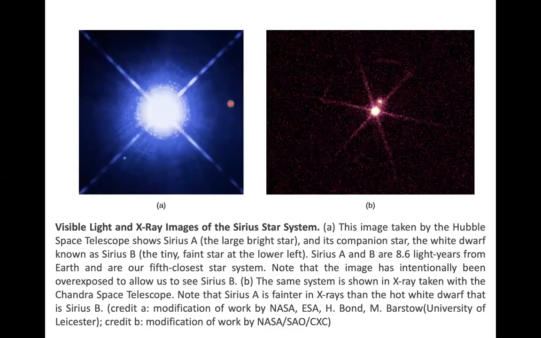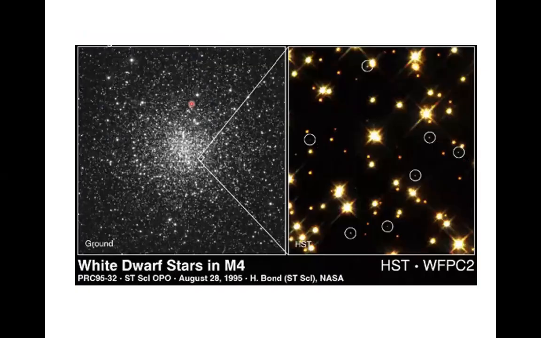X-rays are high energy, so they should emit more X-rays. That's why when you take an X-ray image, you can see the Sirius B star clearly, right? So this is just an example of why astronomers use these different regions of the electromagnetic spectrum with different telescopes, to look at these stars.